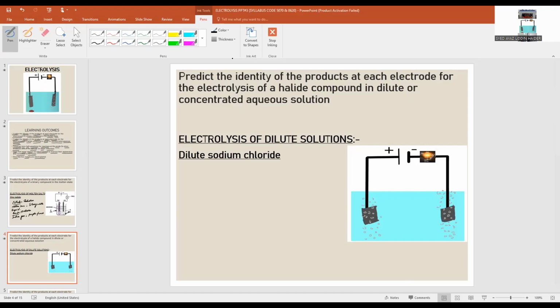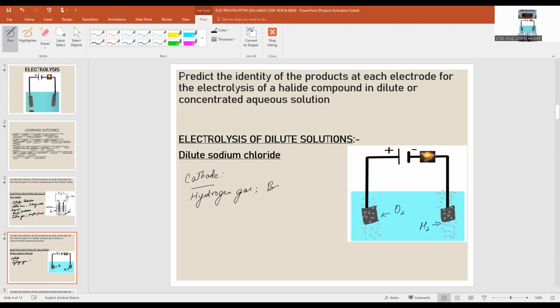Dilute sodium chloride. Now, in case of dilute sodium chloride solution, we will get hydrogen gas at the cathode. This is hydrogen gas. These are the bubbles of hydrogen gas, because of the higher concentration of hydrogen ions in solution. And at the anode, we will get oxygen, again due to the higher concentration of hydroxide ions. These are O2, bubbles of O2 gas. So write cathode, hydrogen gas.